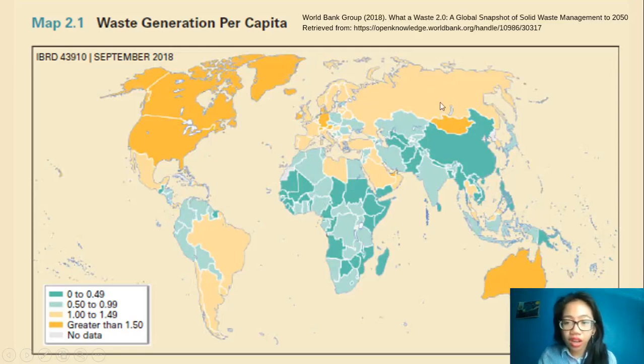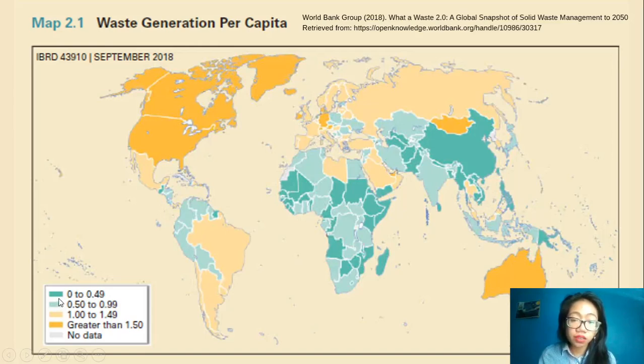We have Russia. And then the ones in faint blue-green are 0.50 to 0.99. So from half a kilo to almost a kilo, you have countries producing that per person. Southeast Asia does that, and most of Africa.